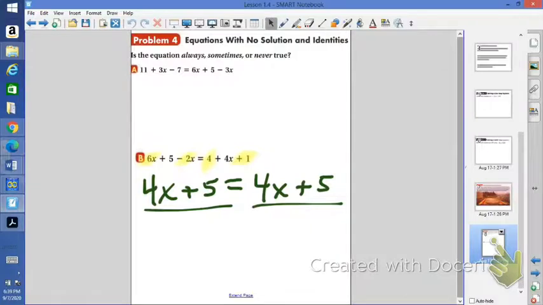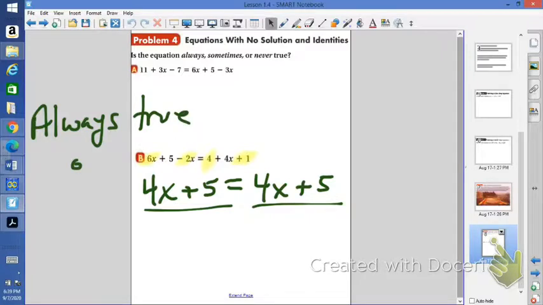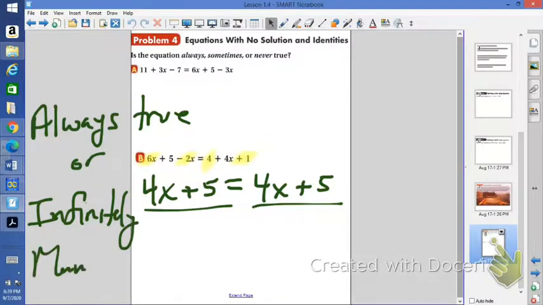This is going to be an equation that no matter what value you plug in for x, the equation will always be true. Or you will see sometimes infinitely many solutions.